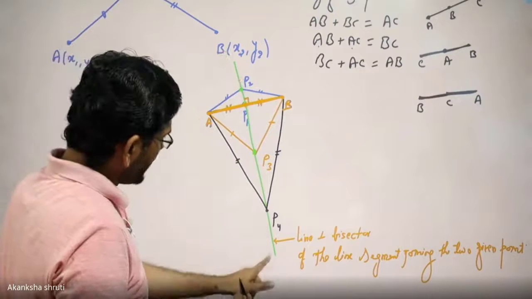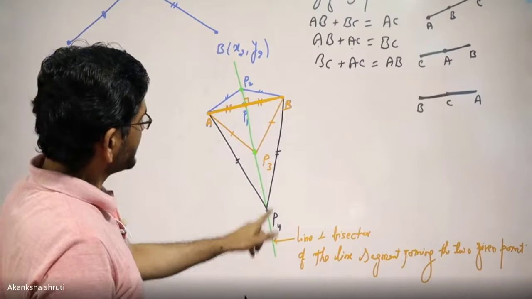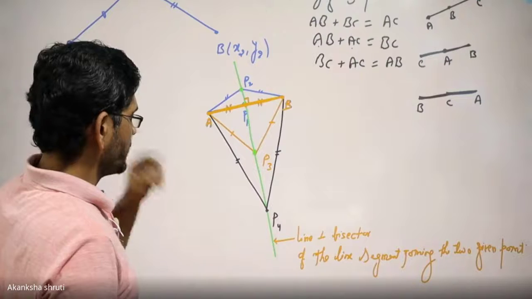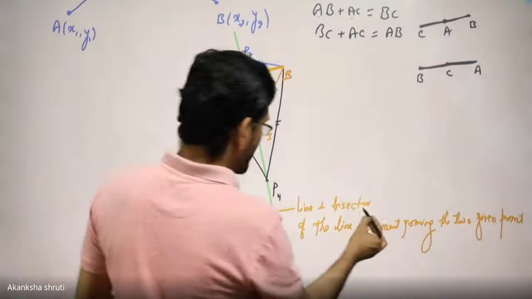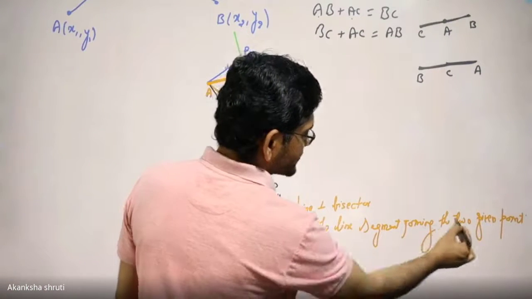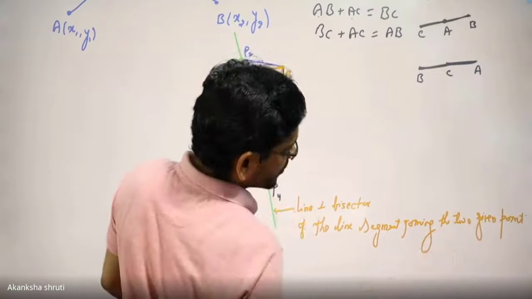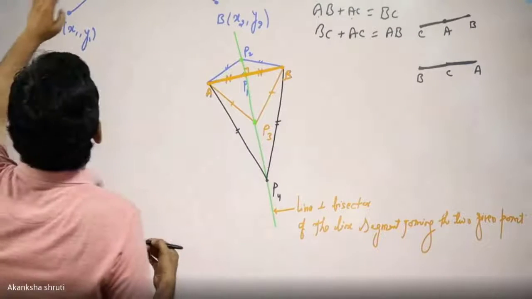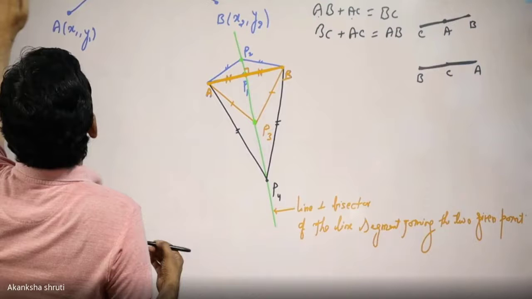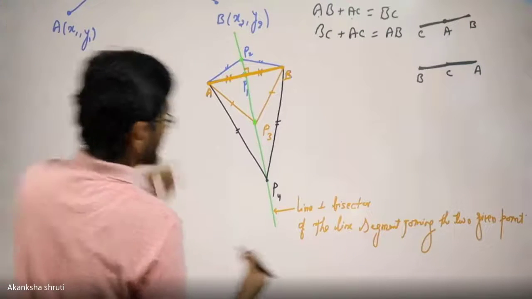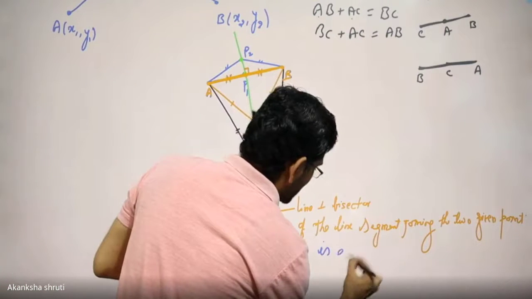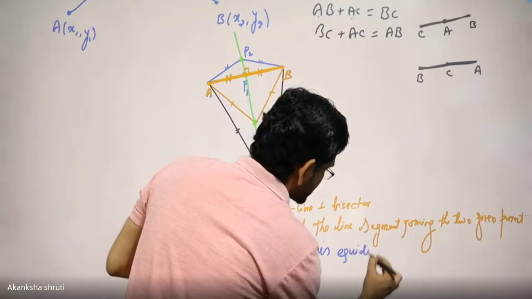So any point on this perpendicular bisector will be an equidistant point. Okay, so the perpendicular bisector of the line segment joining the 2 given points is equidistant from what? Equidistant.